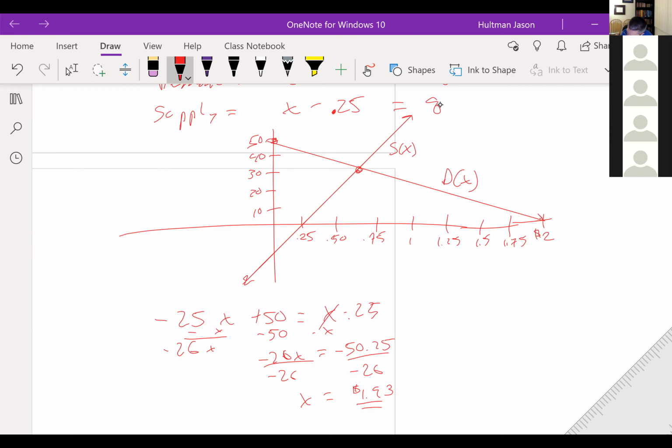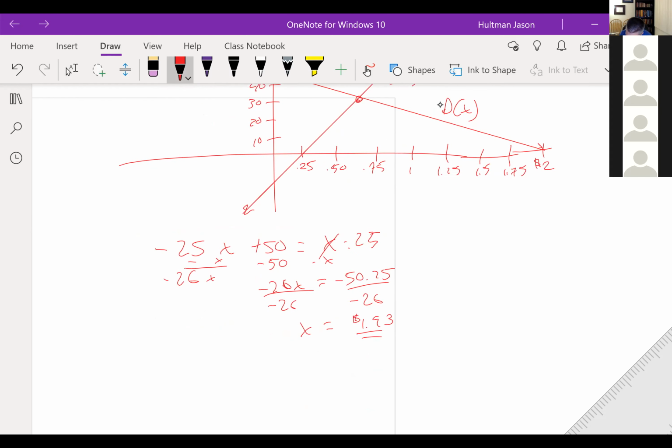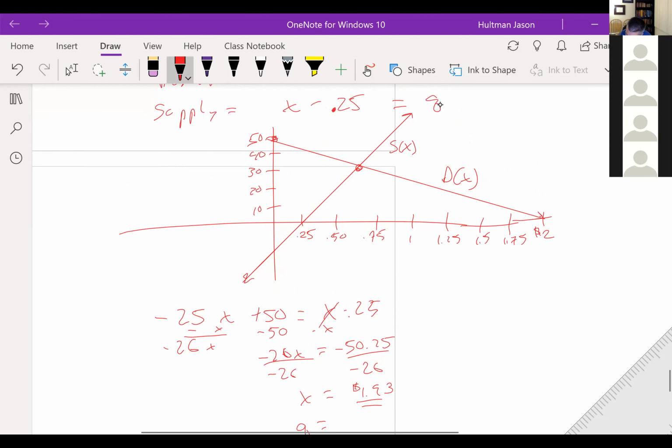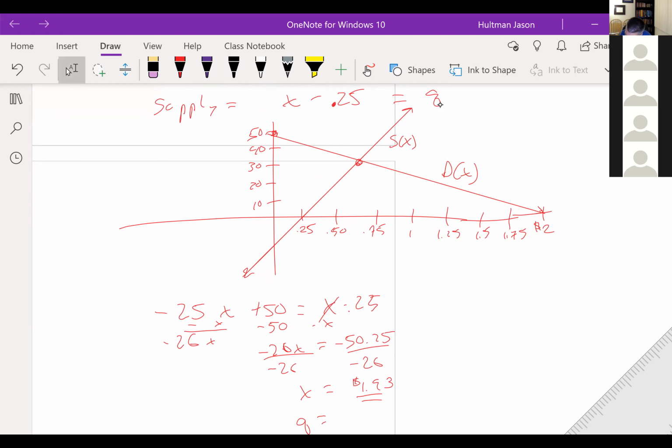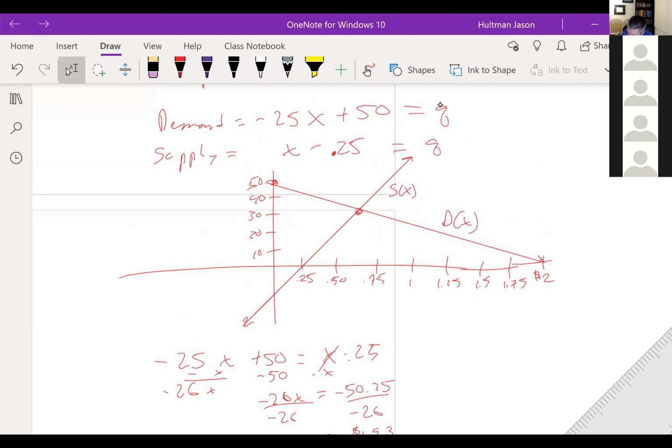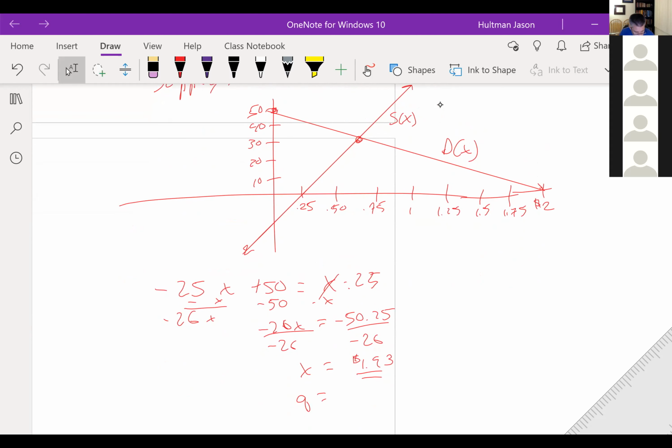But this is my break-even price point, and if I wanted to know how many units I would be doing, then I would just plug this Q in. Q is going to give me my number of units. I think that should be 0.25. But anyway, I kind of screwed this one up, but that's how you do it.